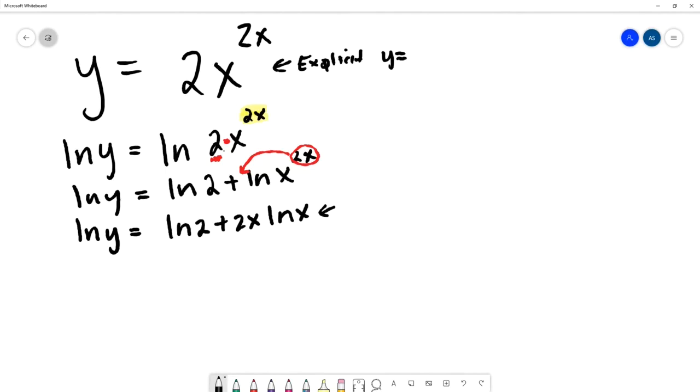But we've now manipulated it into an implicit form. And so when we calculate the derivative, we're going to use implicit differentiation. So I'm going to calculate the derivative with respect to x on the left and the derivative with respect to x on the right.